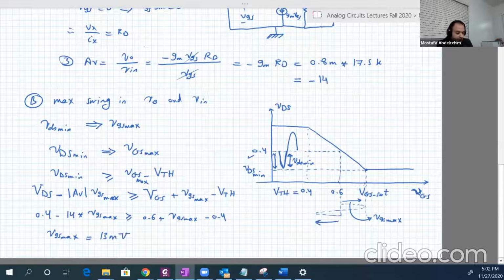Very small. So the maximum input is 0.6 plus 13 milli, which is 0.613. And the minimum input is 0.6 minus 13 milli.